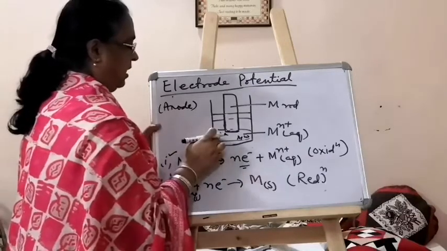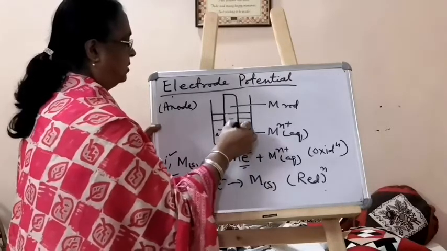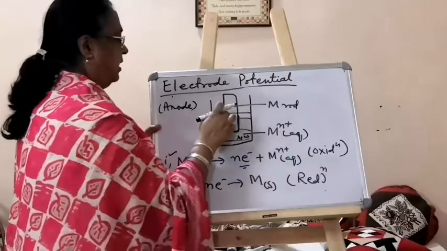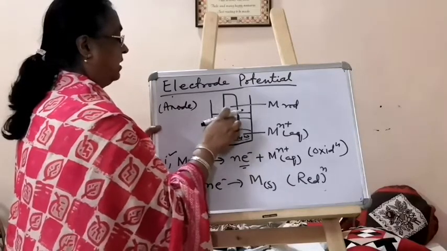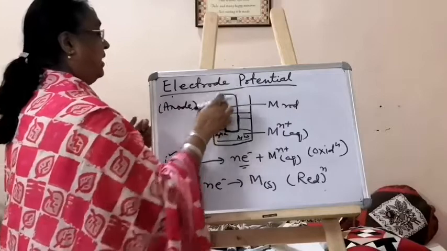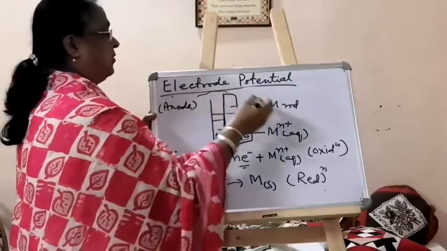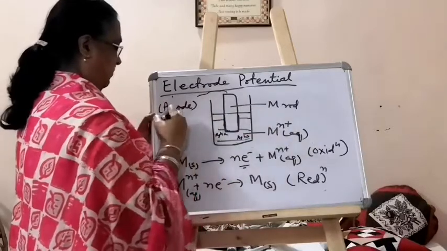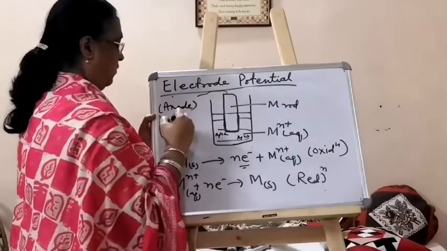So some of the metal ions will turn into solid metal and be deposited here. So here electrons will be taken up, and the electron density will be reduced. From where are the electrons coming? As I told you, if this is one half cell, there will be another half cell, say zinc. So electrons are coming from anode to cathode.